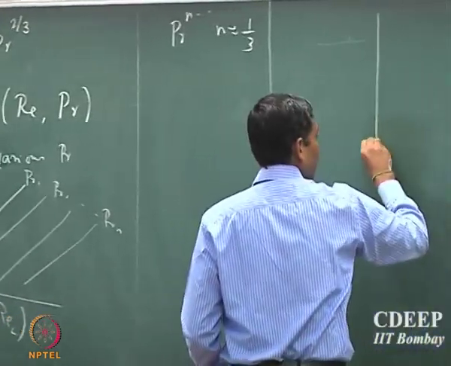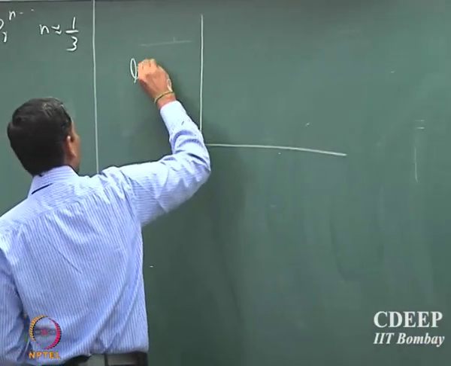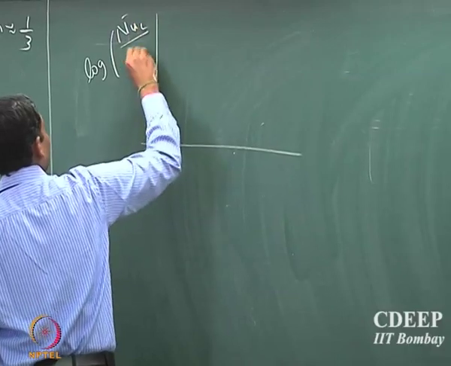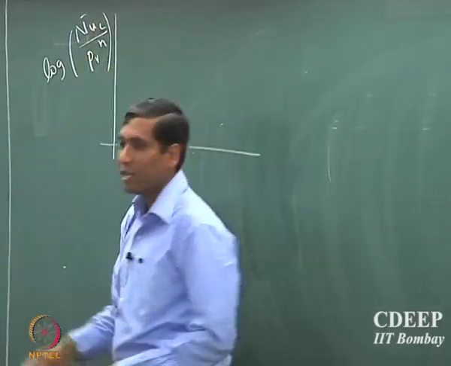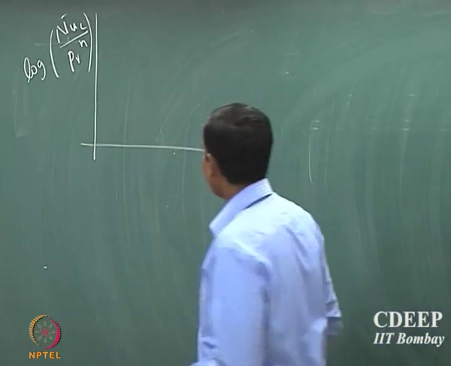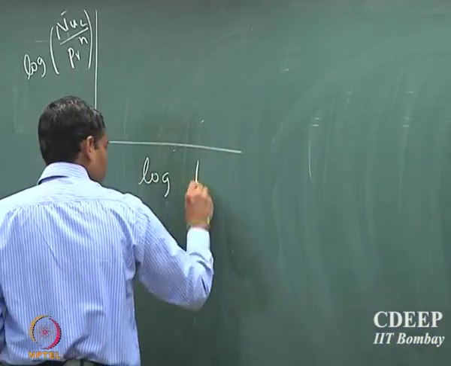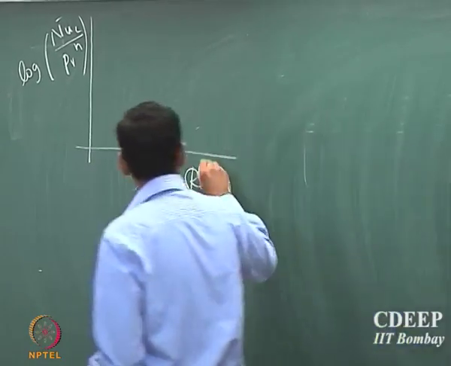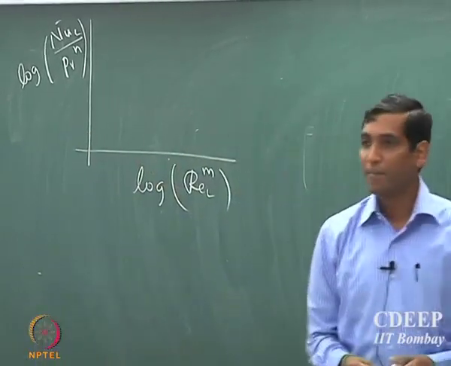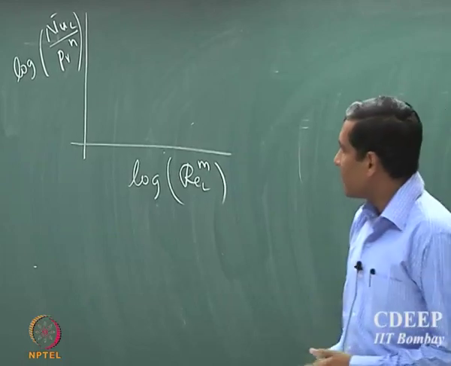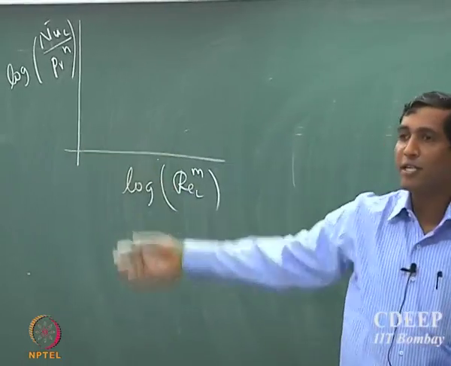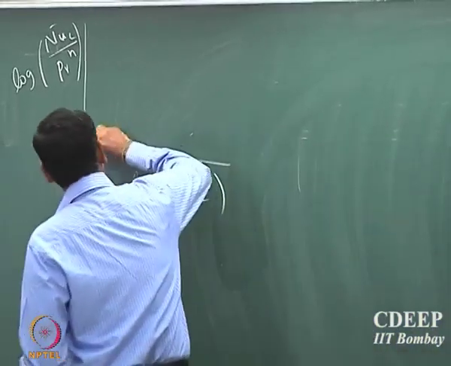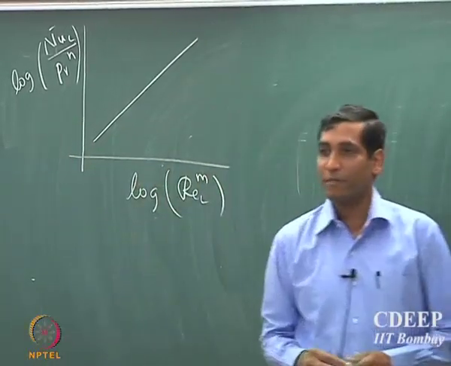So, then the next stage was they said, okay, let us try to look at log of Nusselt number by Pr to the power of n, we still do not know what the exponent is, okay, and log of Reynolds number, Reynolds number to the power of m. So, let us try to make a plot, because they got some insight from the Chilton-Colburn analogy, okay, and they made a plot of this sort, and then you get some sort of a straight line relationship.